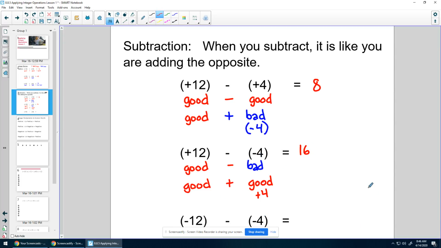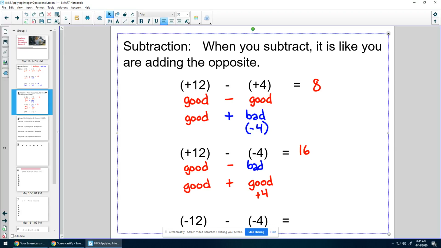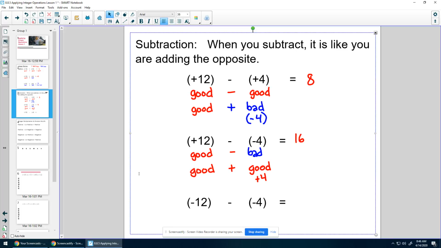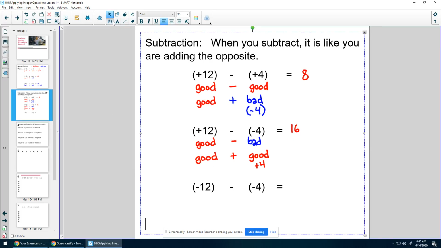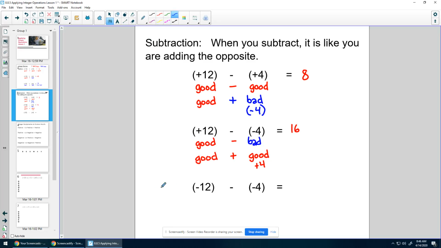And then the last one we have here, I'm just going to extend this. All right. So we have negative 12. So bad guys. And we are taking away bad guys. So that is like saying bad, and we add the opposite. So we're adding good guys, which would be positive 4.